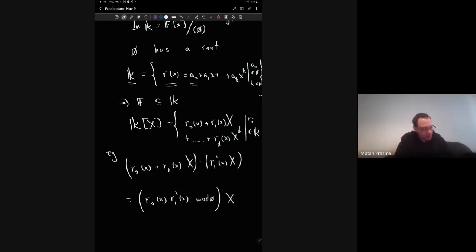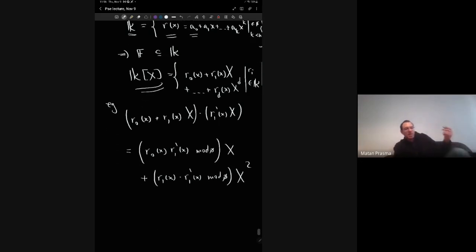So it will be R0 R0' modulo phi, plus R1 R1' modulo phi times X squared. Okay, so this is how you go about adding and multiplying polynomials in K capital X.